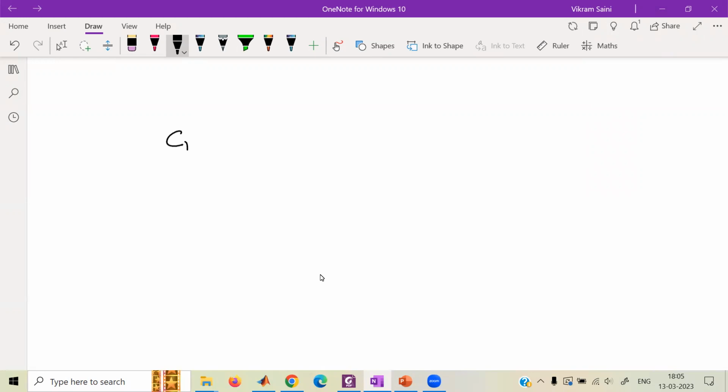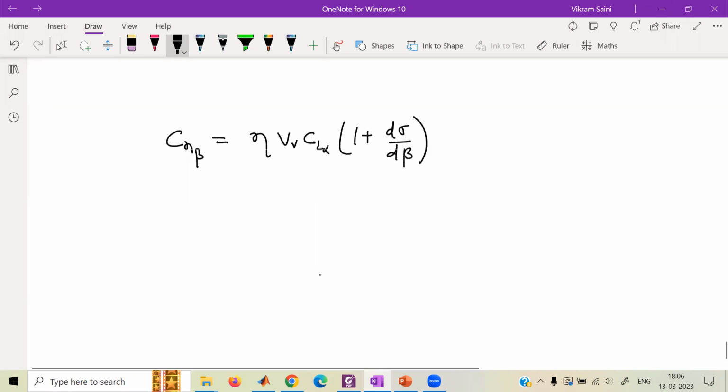So C N beta is usually defined as some eta, the tail volume ratio VV, CL alpha of that particular aerodynamic surface. Then we had this 1 plus d sigma over d beta. Okay, so I want to go to everyone and make sure that they understand the notations we are using here.